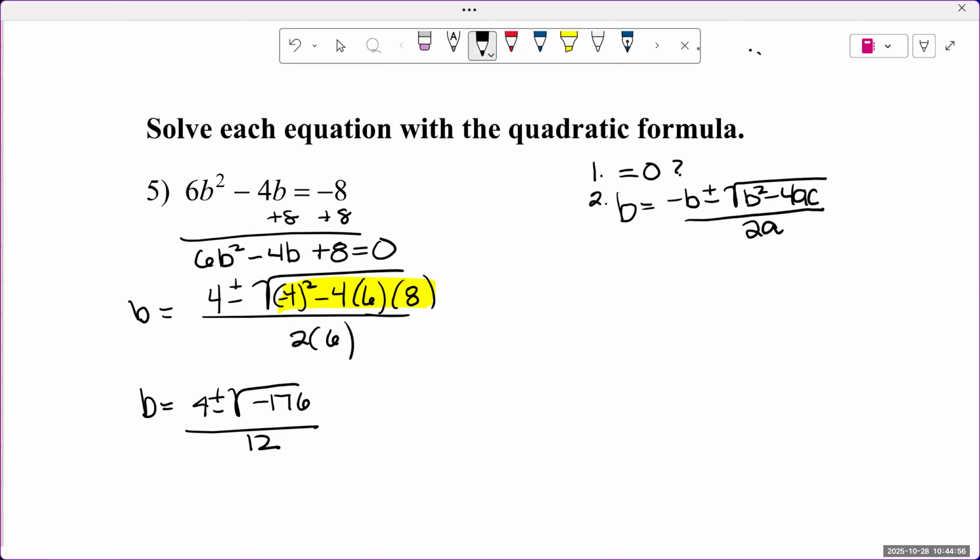Okay, now beep, beep, beep. We see that there is a negative inside the square root.